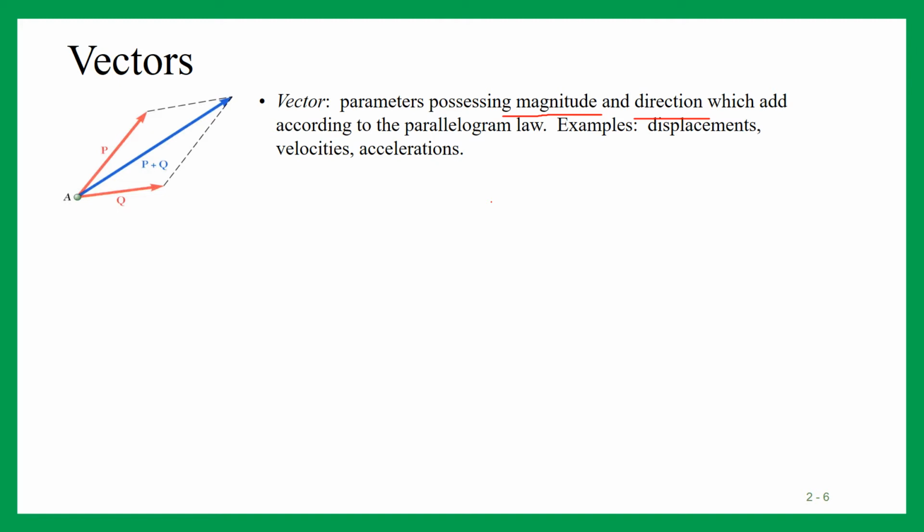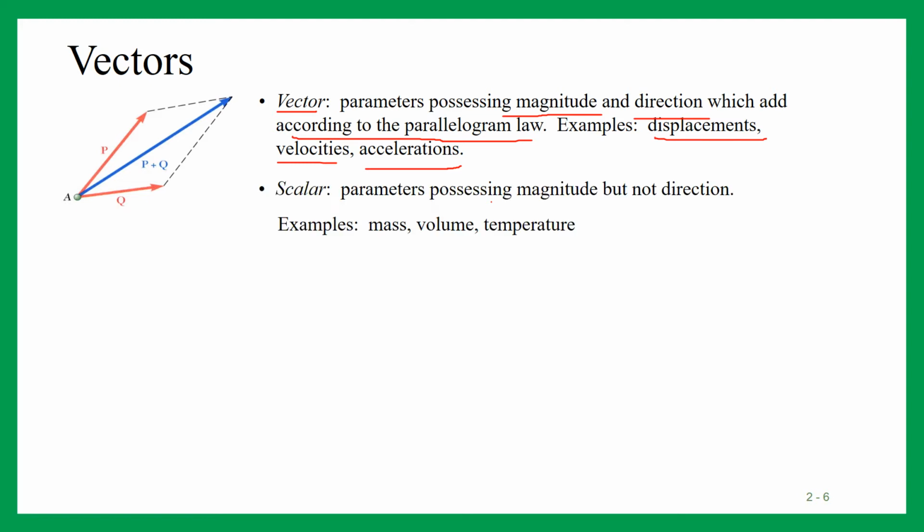Any quantity which possesses magnitude and direction, any physical quantity which has both magnitude and direction, and which we can add according to the parallelogram law, is called a vector. The examples of vectors are displacement, velocity, acceleration, force, and so on. There are different vector quantities.